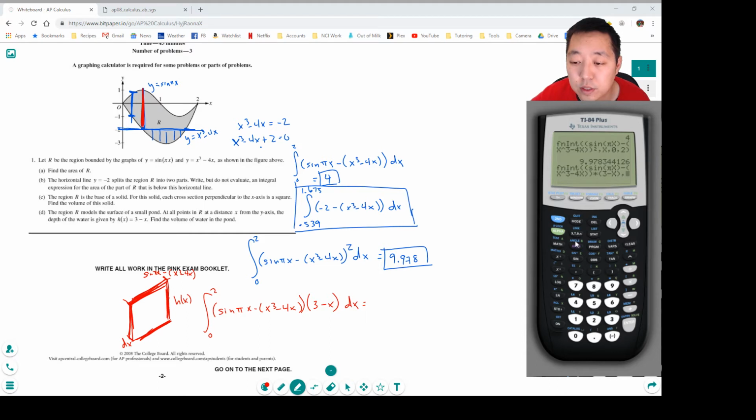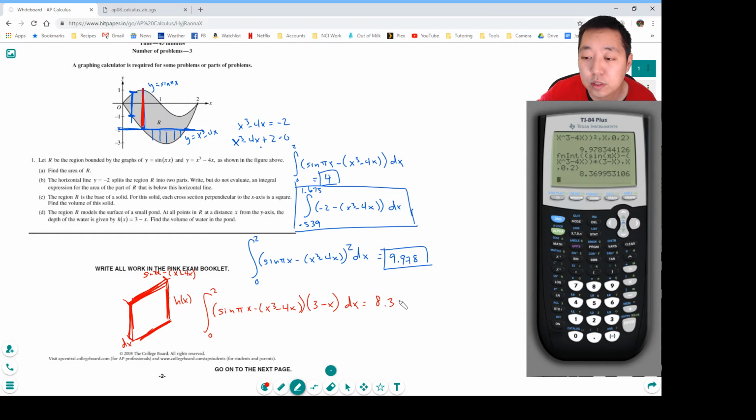We're going to integrate this over x, going from 0 to 2. I got this to be 8.370.